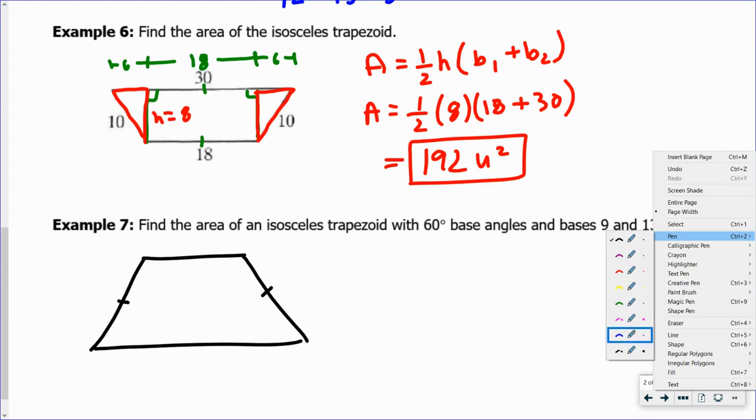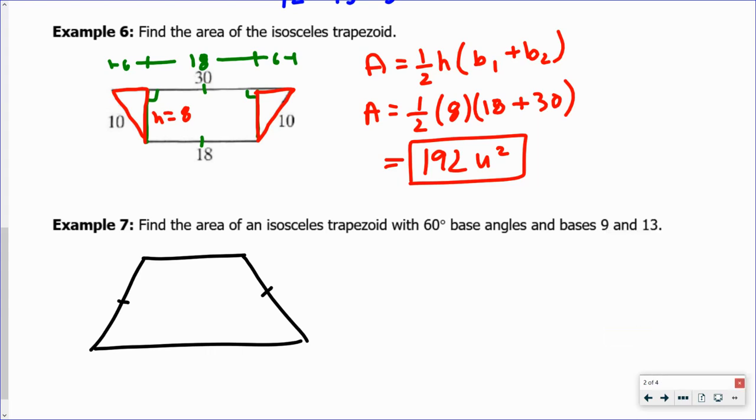All right, so I'm going to label this diagram with what I know. I know that this has to be 60 degrees. I also know that one of the bases is 9, so the shorter base is 9, and the longer base is 13. Now, we're kind of in the same situation that we were in problem number 6, where we don't know the height.